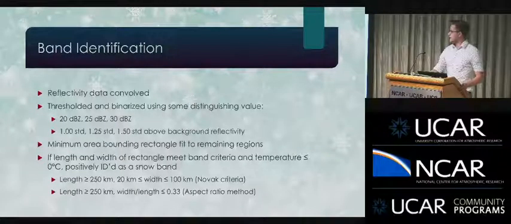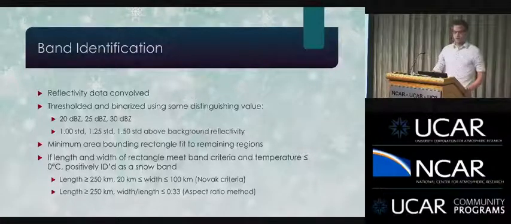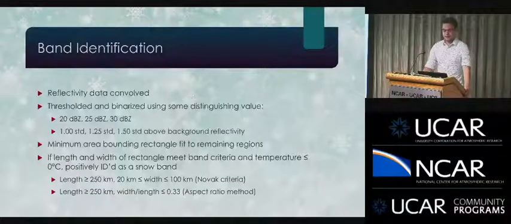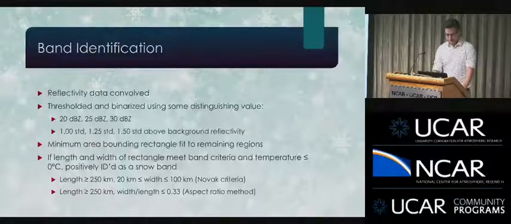So the band identification process looks something like this. First, we convolve the reflectivity data to bridge over any small discontinuities and make sure any bands aren't going to be broken up. And then we thresholded and binarized using some distinguishing values. So we can use set reflectivity thresholds like 20, 25, or 30 dBz, or we can use our heterogeneity method, so using 1, 1.25, or 1.5 standard deviations above the background reflectivity.